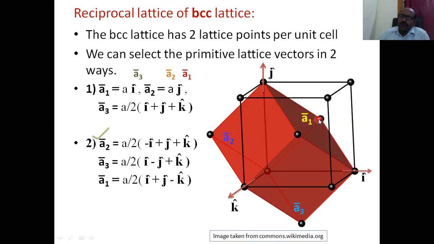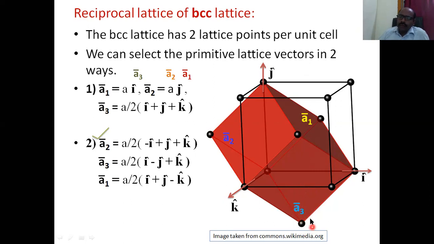So this lattice point is outside of our unit cell. This one is also outside of our unit cell, but on the left side, and this point is at the back side of our cube, and this one is at the bottom of our cube.